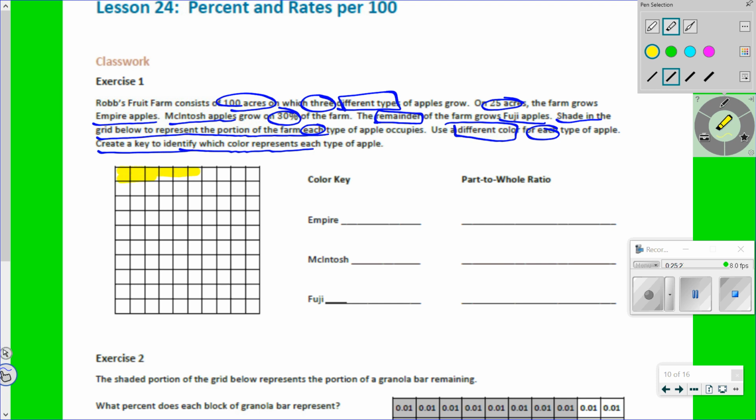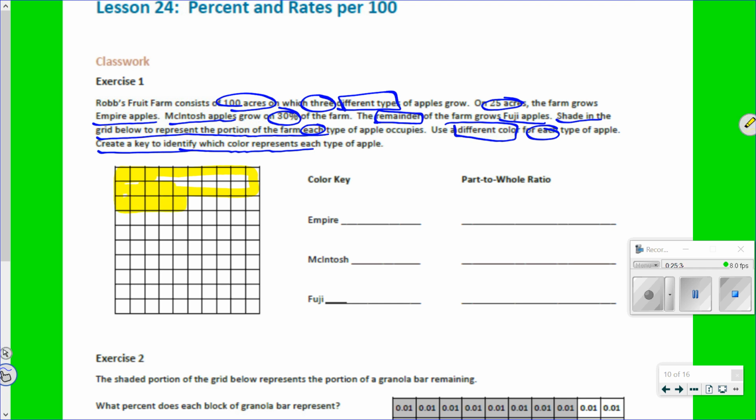So I'm just going to shade in 2.5 rows. Okay? It also said that I needed to do a key, right? So my key is going to look like that. Whatever you use, if you're using a color, put the color. If you're using a symbol, you can just use the symbol.